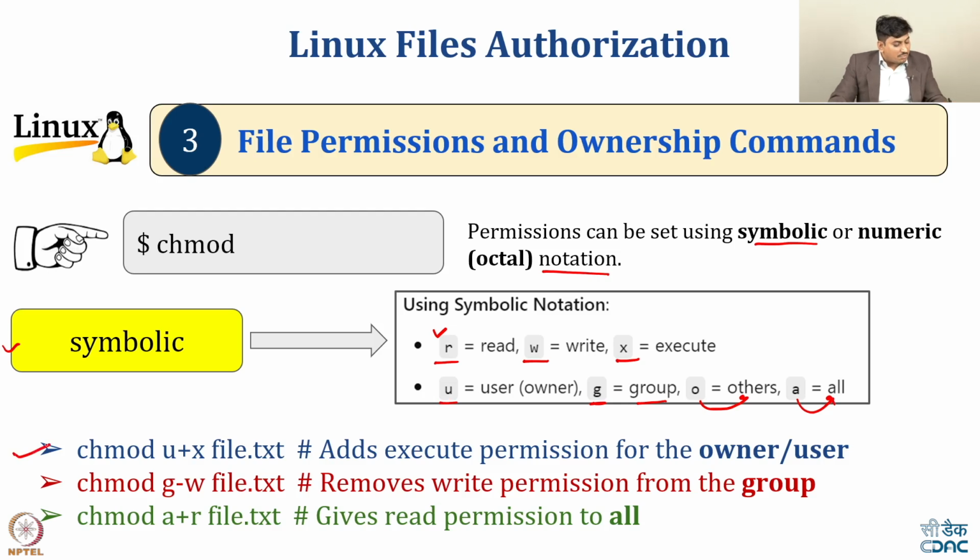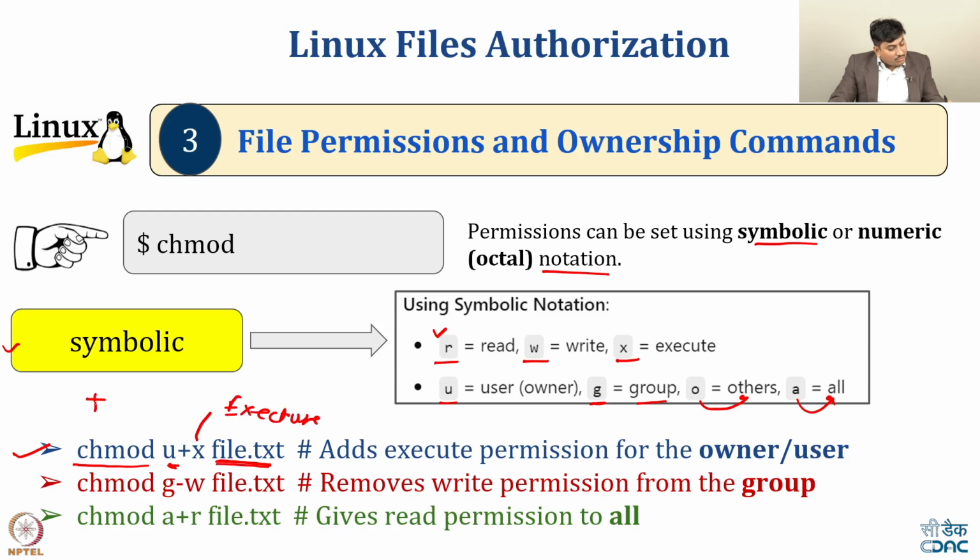Let's take a first example. If I run this chmod command and I give u+x and the file, it means I am giving the user, for this file, the execute permission.